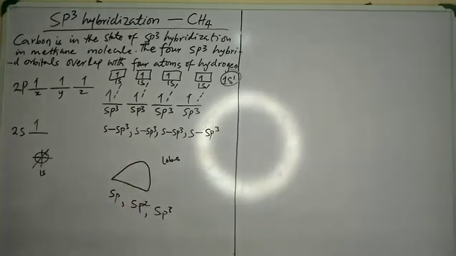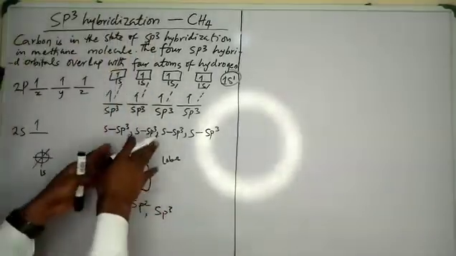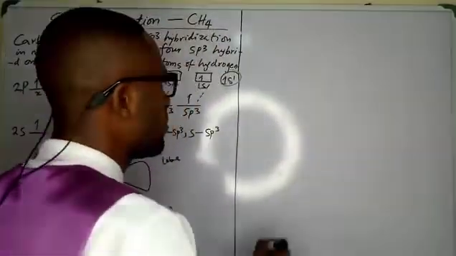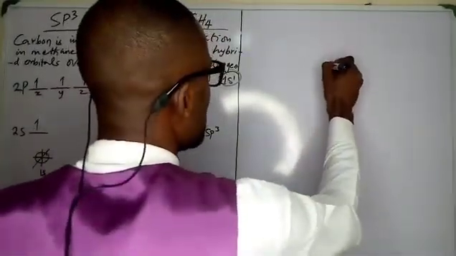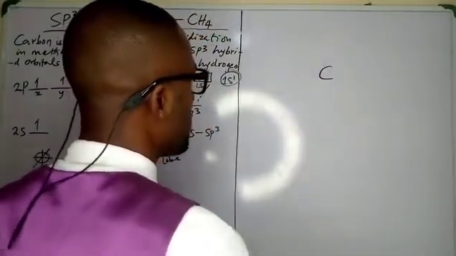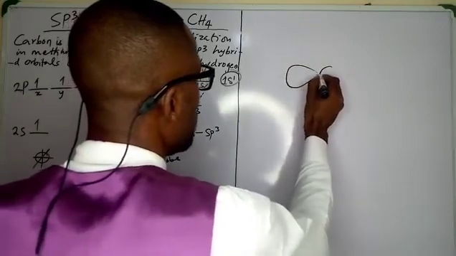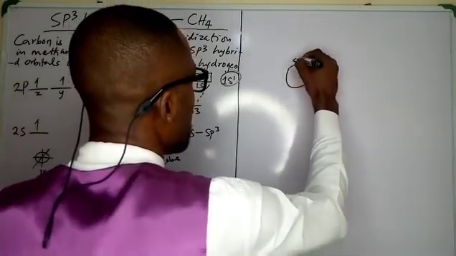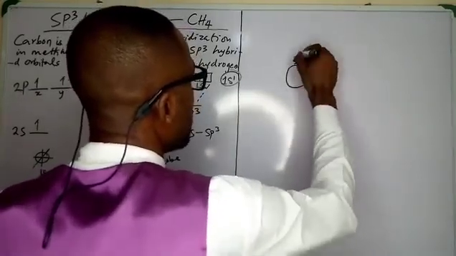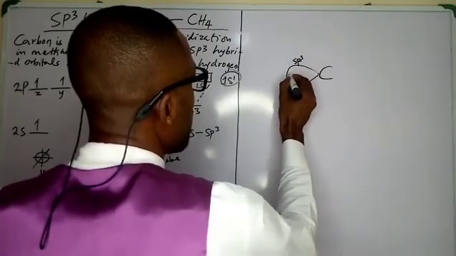Remember, carbon in the methane molecule is sp3 hybridized. So if this is carbon centrally placed, it is going to have that leaf-like or lobe-like shape. This is an sp3 hybrid orbital containing 1 electron, which is this first one.